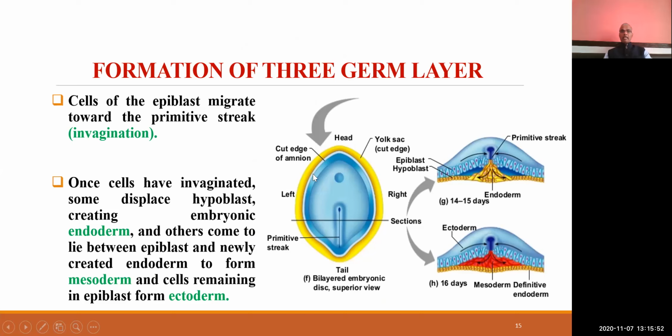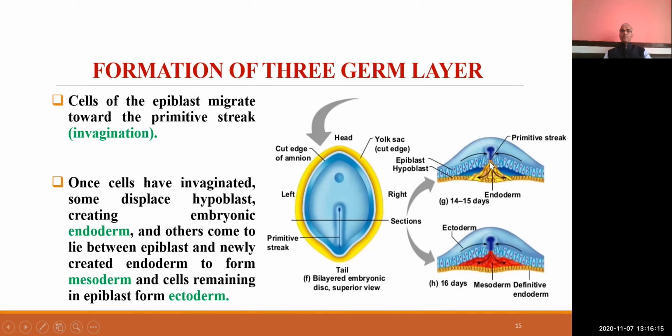The cells of the epiblast migrate toward the primitive streak region. This migration of the epiblast layer toward the primitive streak is called invagination. Once the cells have invaginated, some displace the hypoblast. These are hypoblast cells.